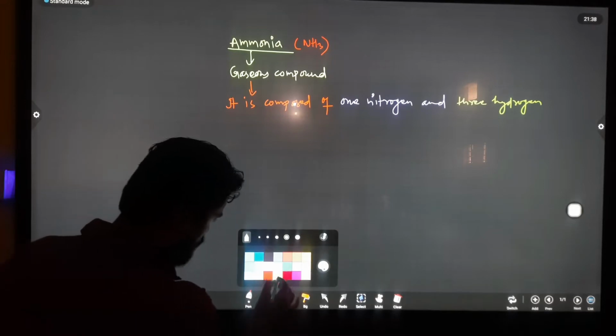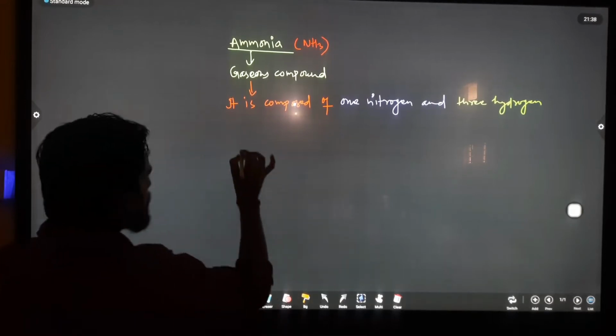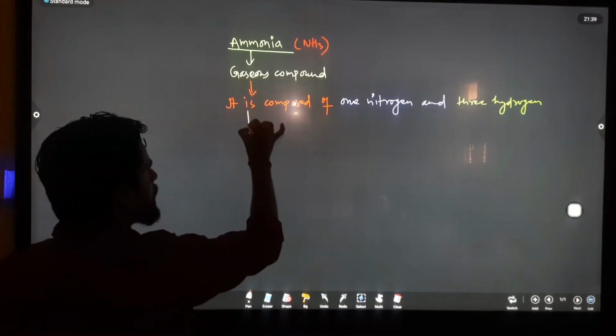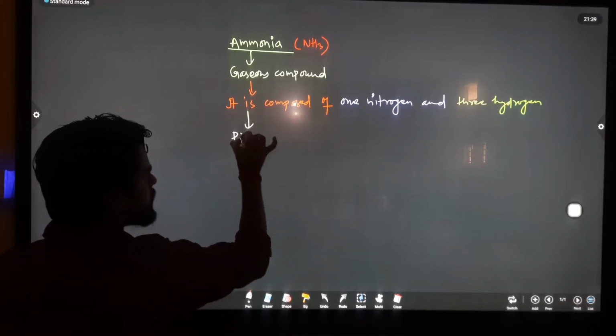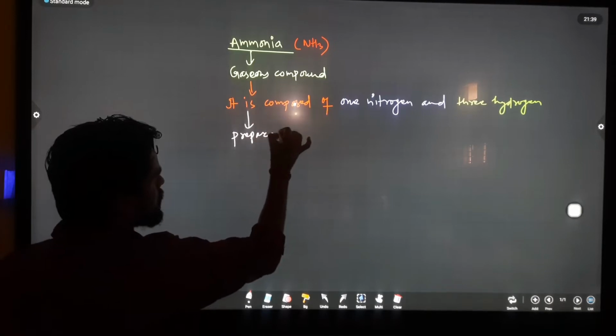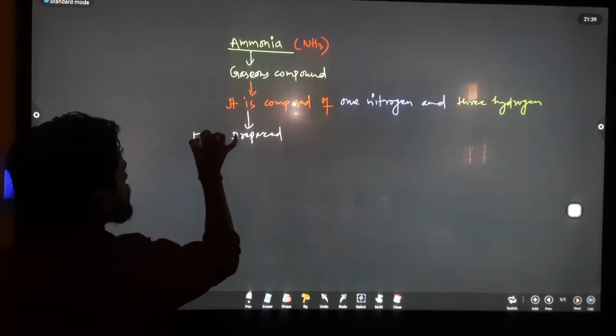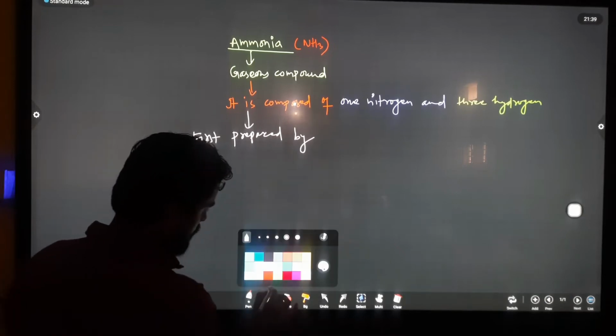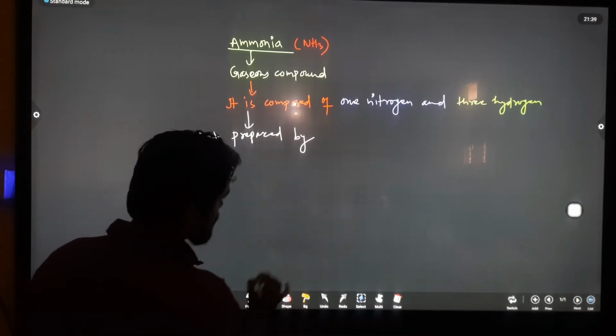First prepared by Antoine Lavoisier, chemist.